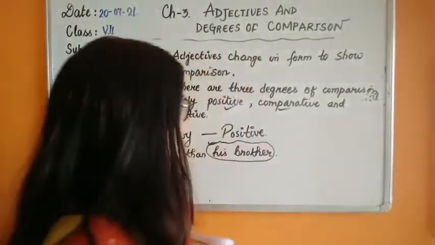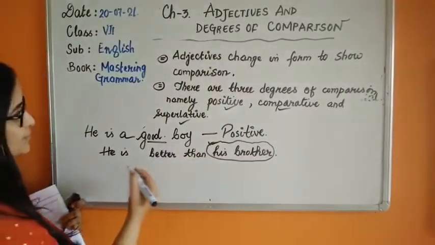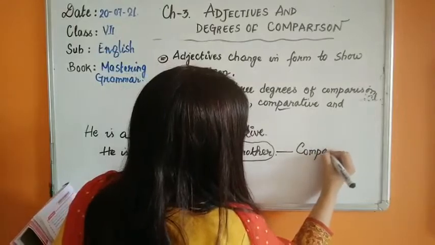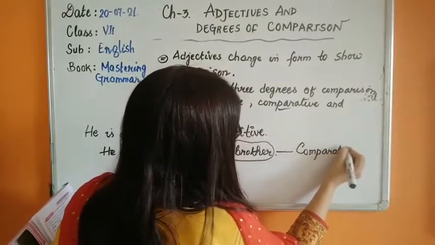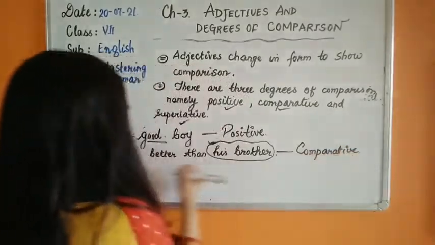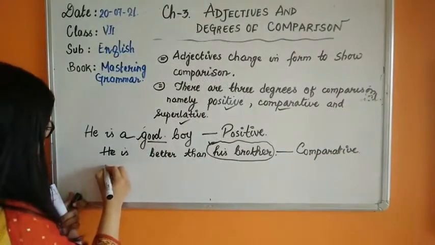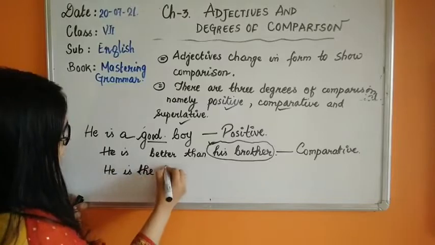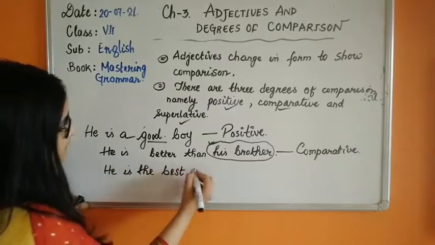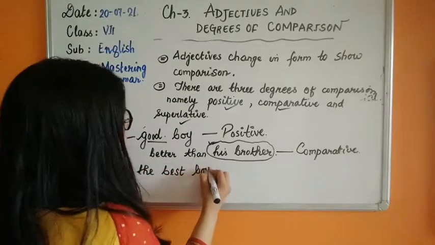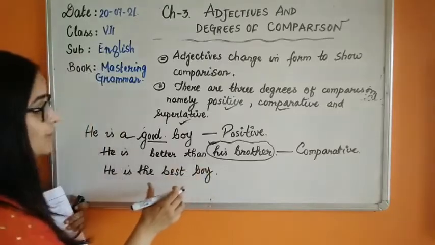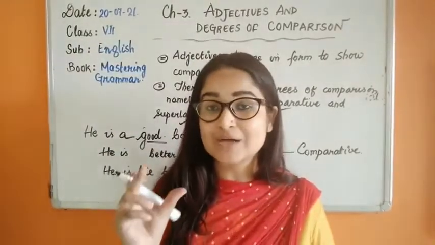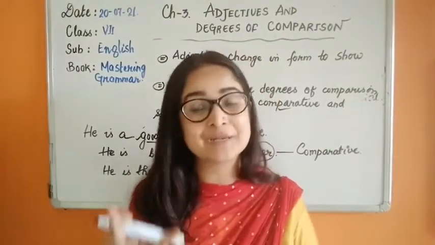Okay, children? So now the last one. Here we can see this is comparative. Now see, he is the best boy. So children, here is also a comparison, but the comparison is not limited to only 2 people or 2 things.